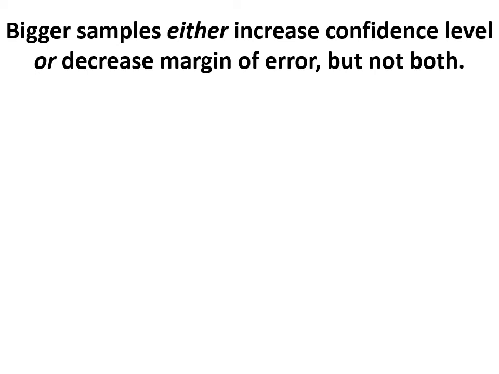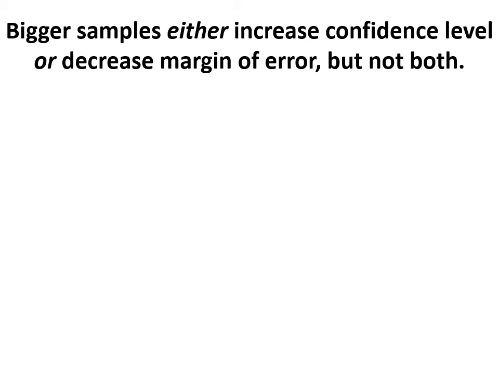Spicker doesn't show us the formula for how these relate, so how sample size, confidence level, and margin of error relate. He does show us a table, though. So it's useful to look at this.